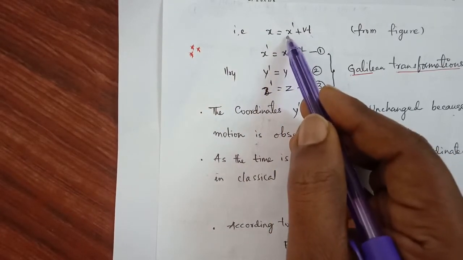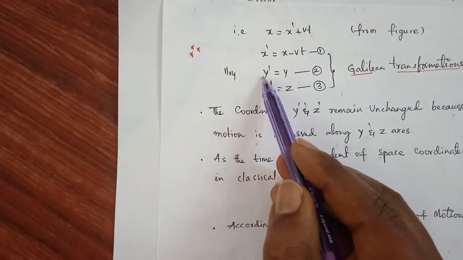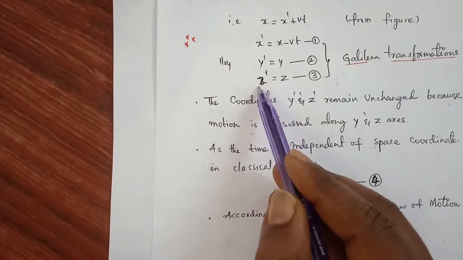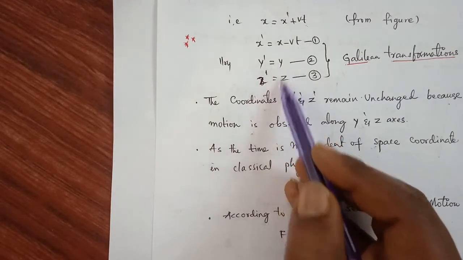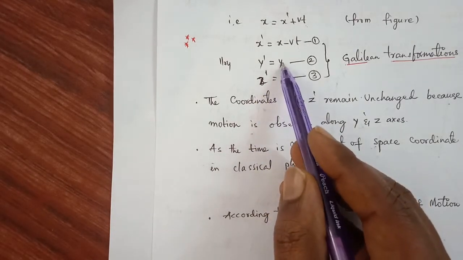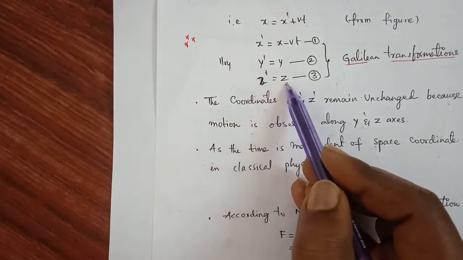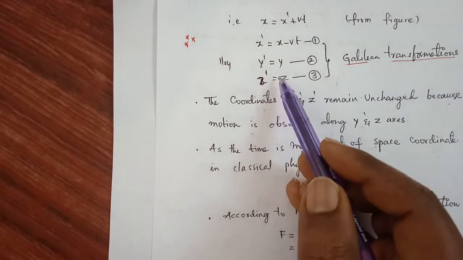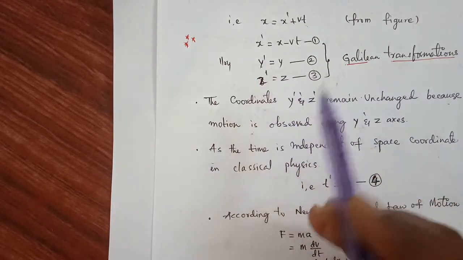We can write this by bringing vt to this side. Similarly, y dash is equal to y and z dash is equal to z, because they are parallel to each other. Y dash is parallel to the y axis, z dash is parallel to the z axis, so the quantities are the same.